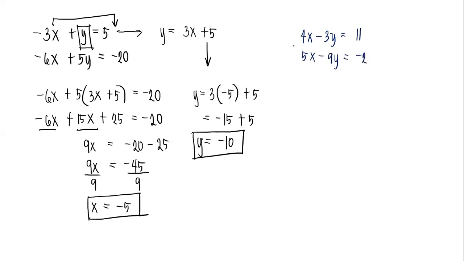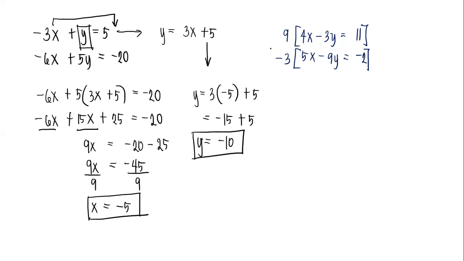Okay, so since our coefficient here is greater than 1, let's use the elimination method. Okay, so let's multiply the first equation by 9, and the second one by negative 3.